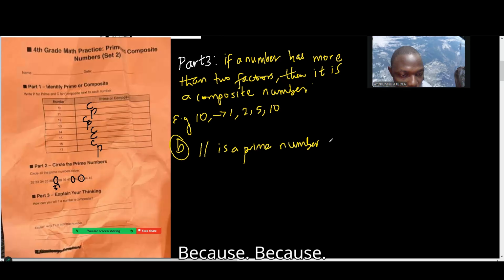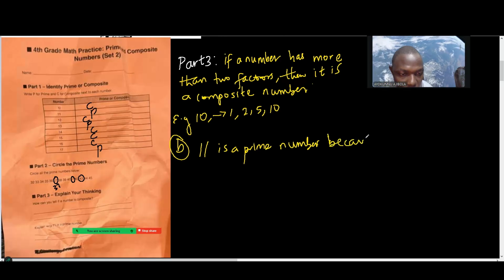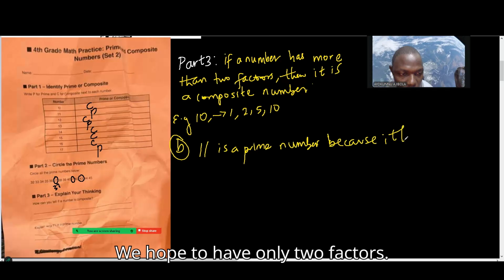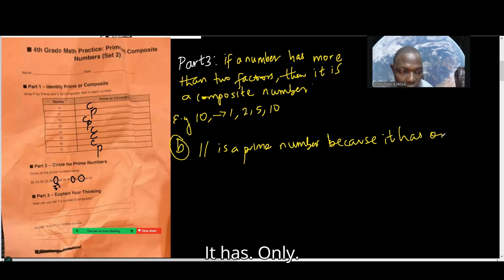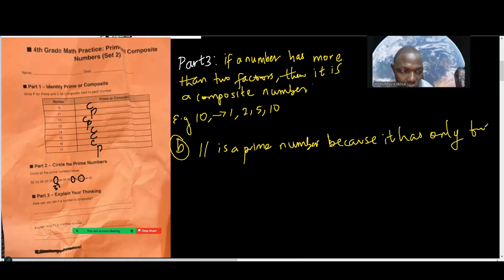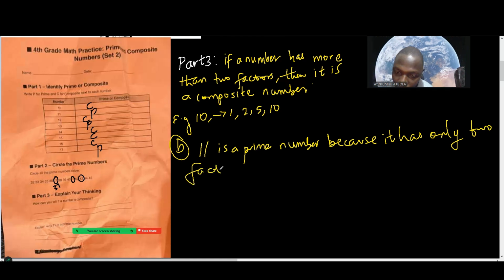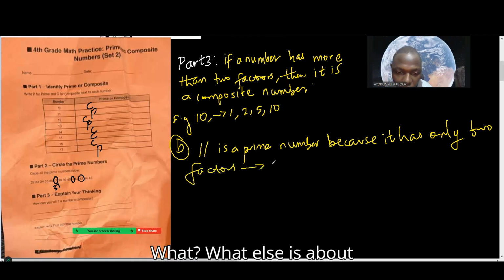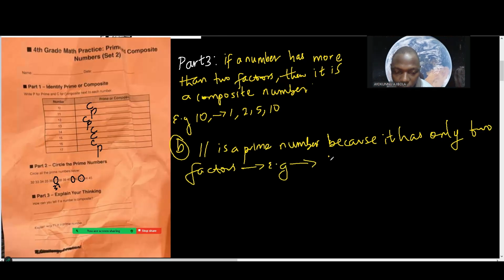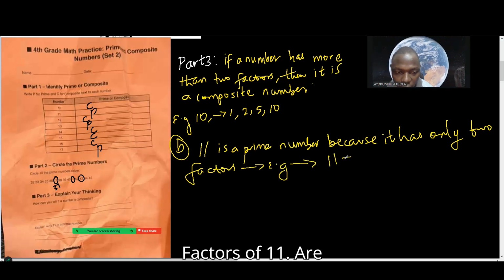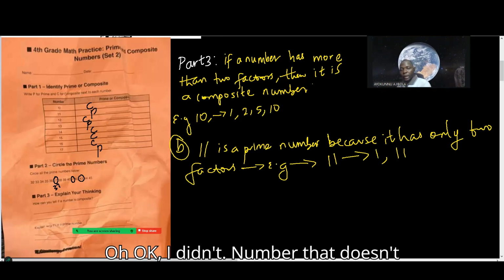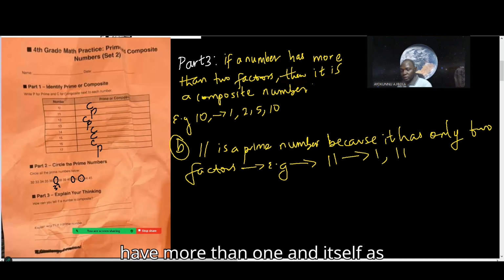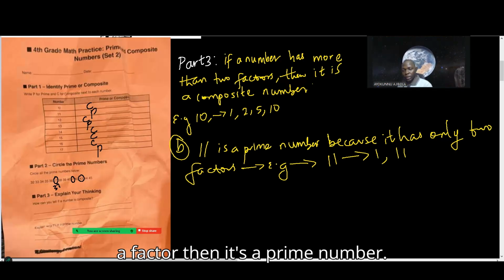The factors of 11 are 1 and 11, okay? So any number that doesn't have more than 1 and itself as a factor is a prime number.